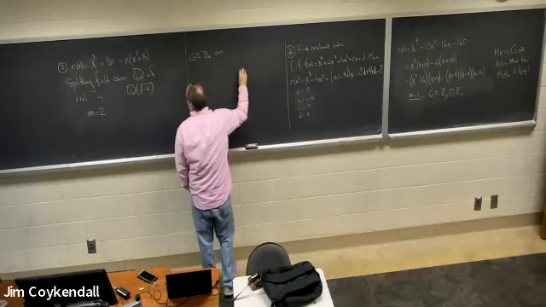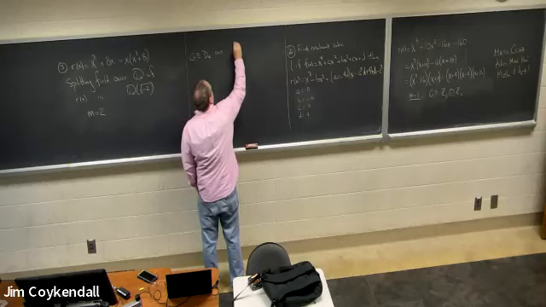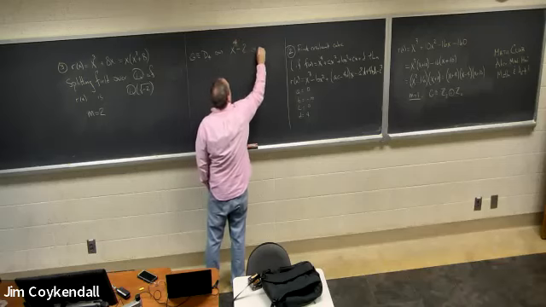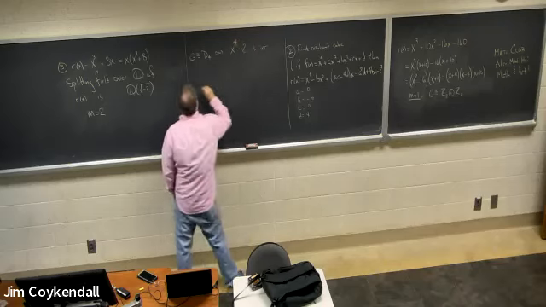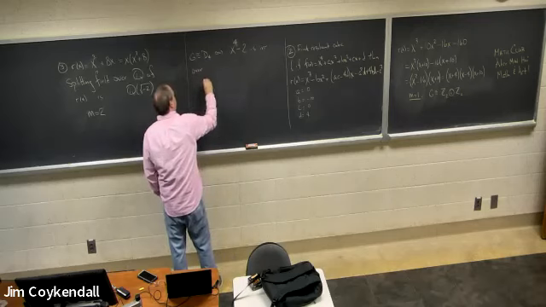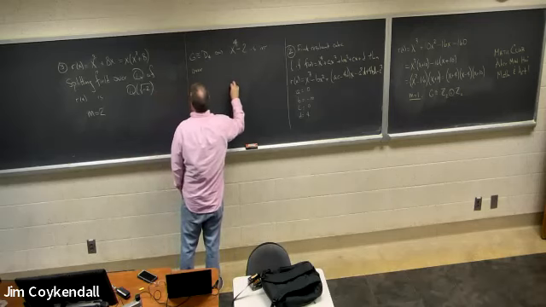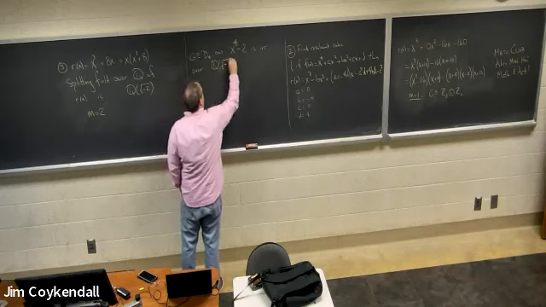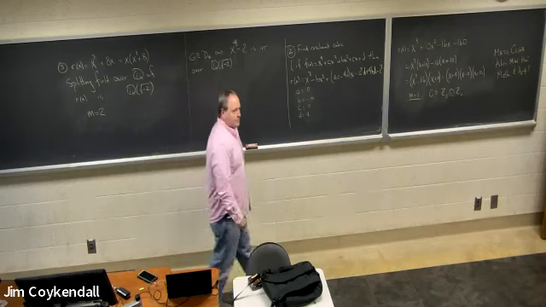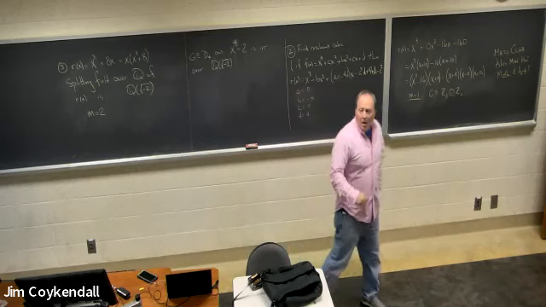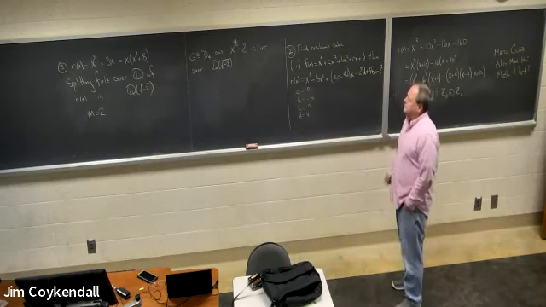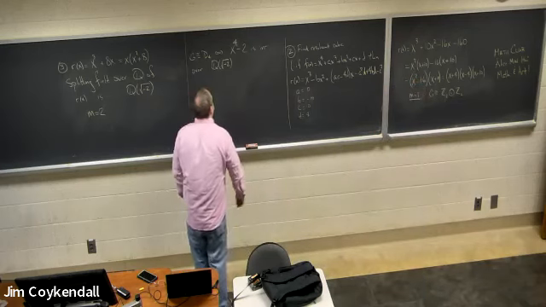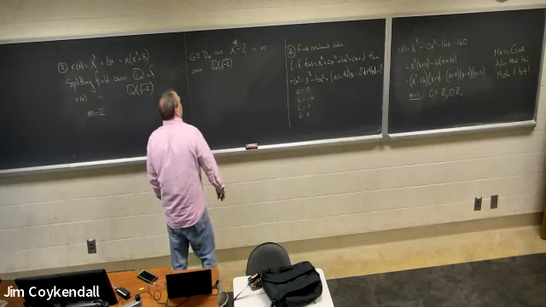if and only if x to the 4 minus 2 is irreducible over Q. And actually this one's fairly easy to figure out.